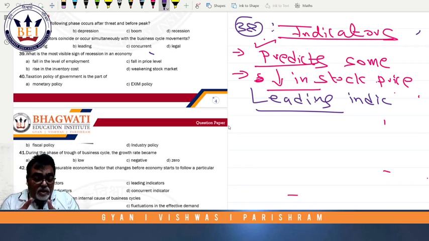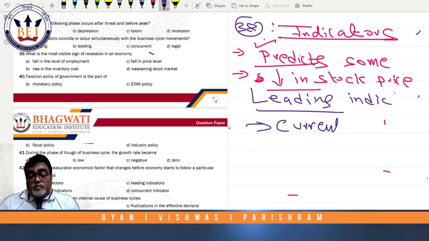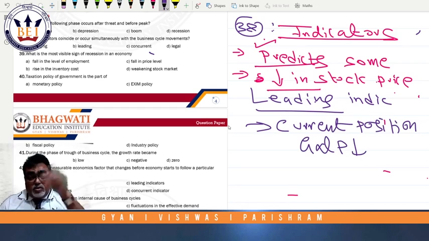That is predicted by the leading indicator. Now at present, the indicator has predicted that the economy should be decreasing and GDP would decrease. At the current position, suppose GDP has decreased, you know that 23% it has decreased. Current position indicator is decrease.